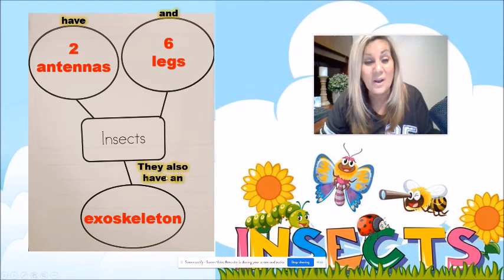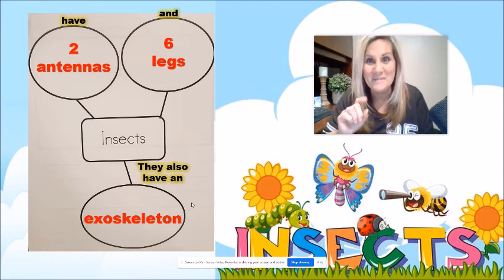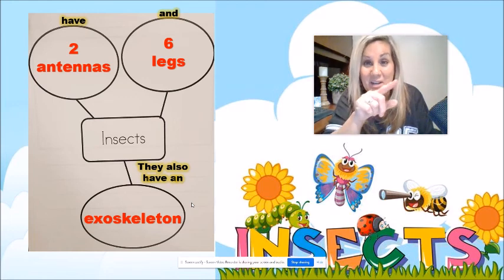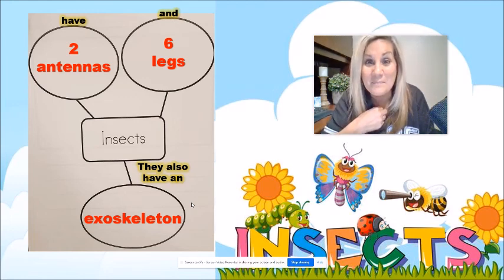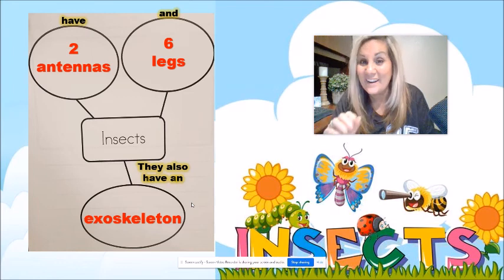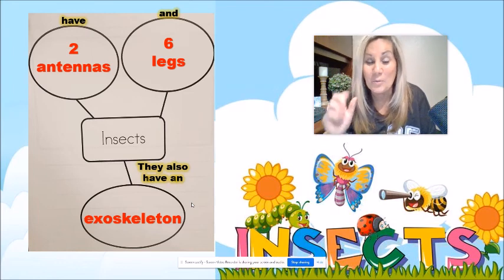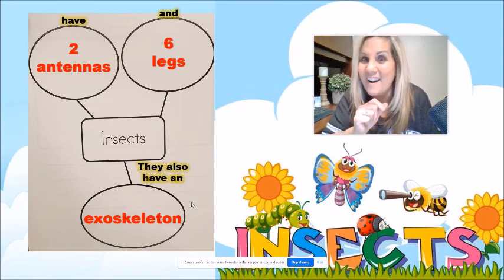They also have an exoskeleton. Okay, make sure you have all of these words on your thinking map. We're going to use it for our writing in just a minute. If you need to pause the video to copy down everything I have on my map, you can do that now. All right, as soon as you're done, grab your map and we'll start on our writing.